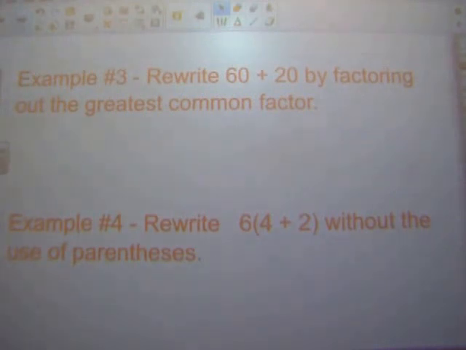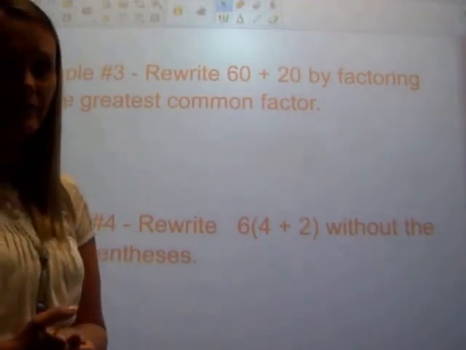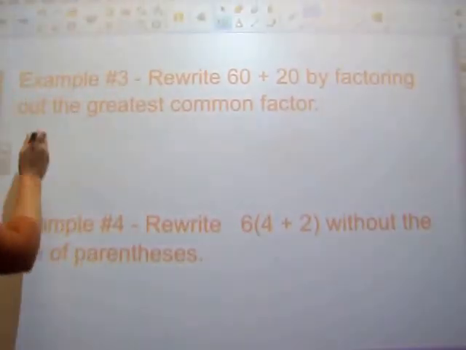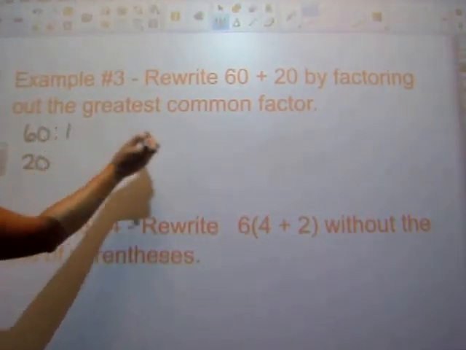Alright, in this example, we're going to show how greatest common factor can be used with the distributive property. So example 3 says, rewrite 60 plus 20 by factoring out the greatest common factor. So first I need to list my factors of 60 and 20.